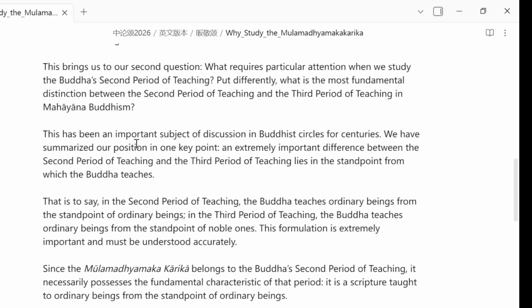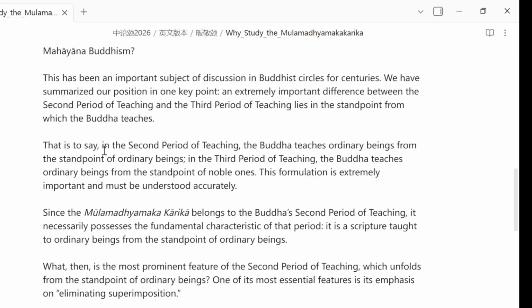This has been an important subject of discussion in Buddhist circles for centuries. We have summarized our position in one key point: an extremely important difference between the 2nd period of teaching and the 3rd period of teaching lies in the standpoint from which the Buddha teaches.